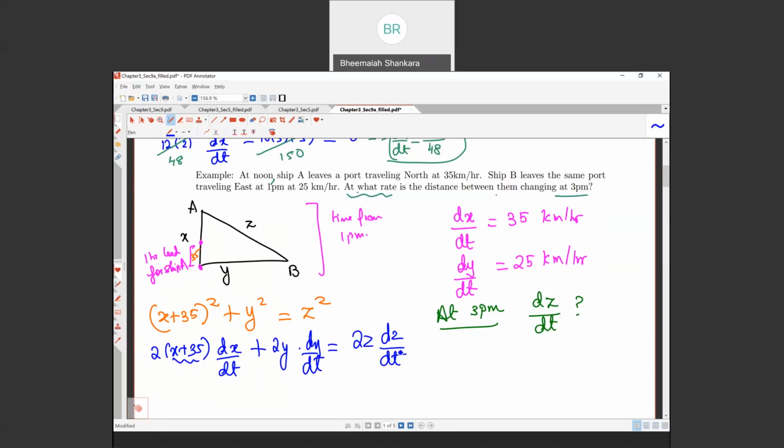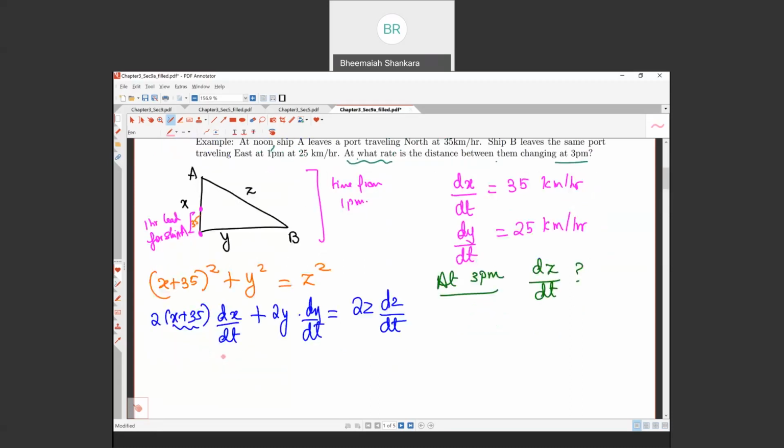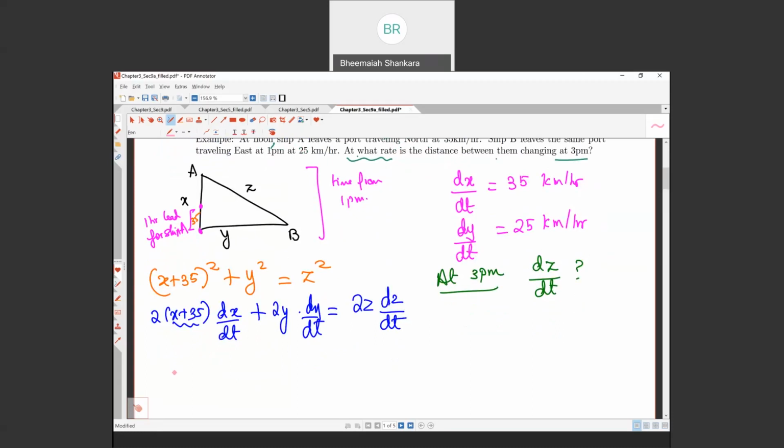So once you have differentiated, plug in the x value. So let me write that x value here on the right hand side.